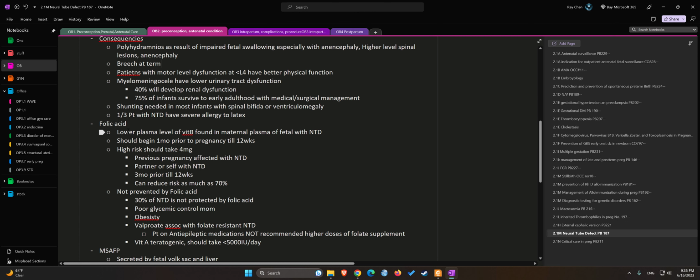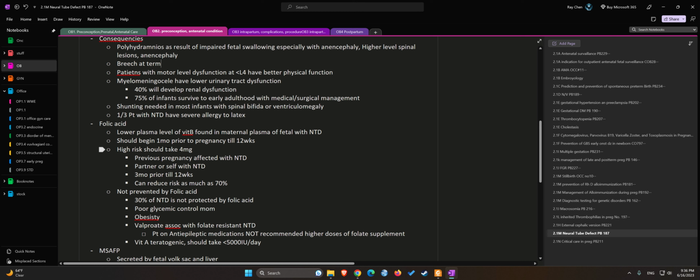Folic acid: lower plasma levels of vitamin B are found in maternal plasma of fetuses with NTD. It should begin 1 month prior to pregnancy until 12 weeks.